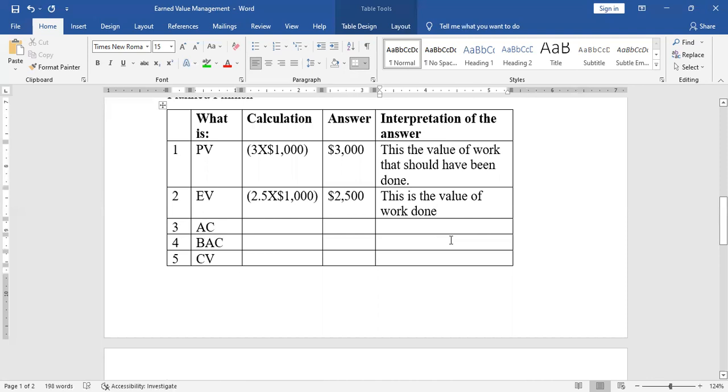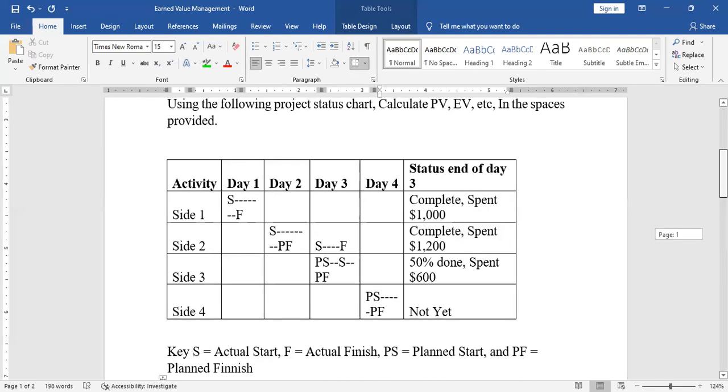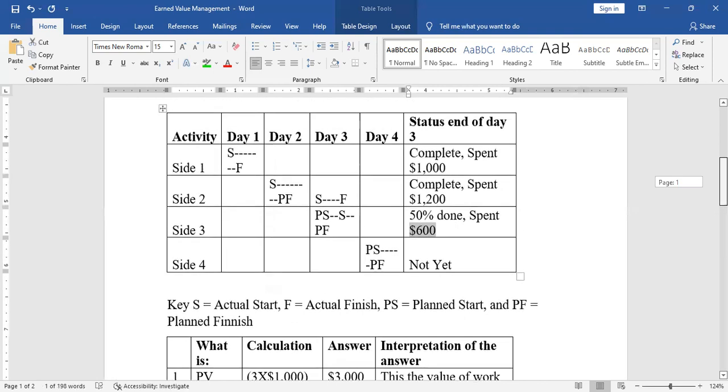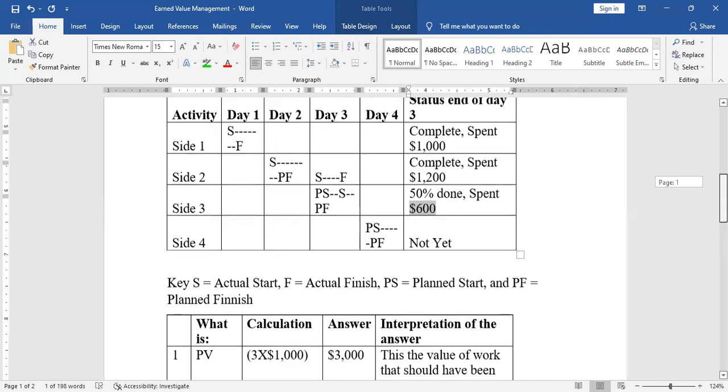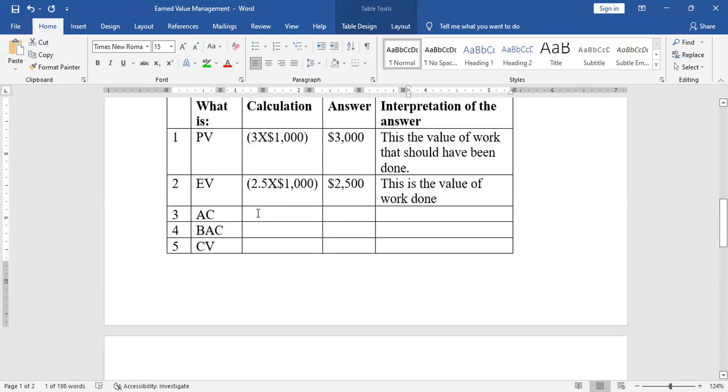AC, actual cost at this point. I'm just going to calculate the total cost. 1,000 was spent for side 1, 1,200 was spent for side 2, and 600 for side 3. Nothing spent for side 4. So 1,000 plus 1,200 plus 600 actual cost.